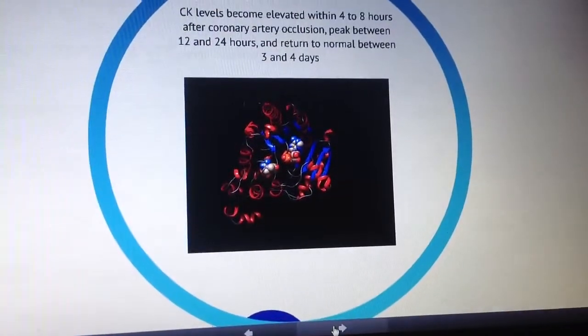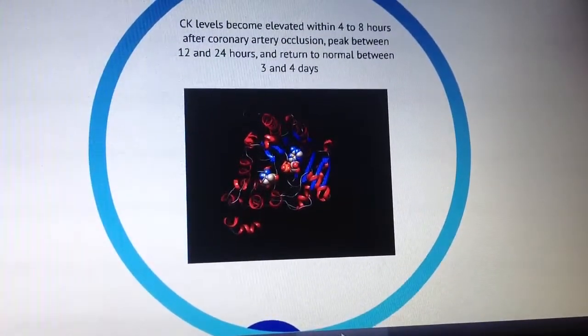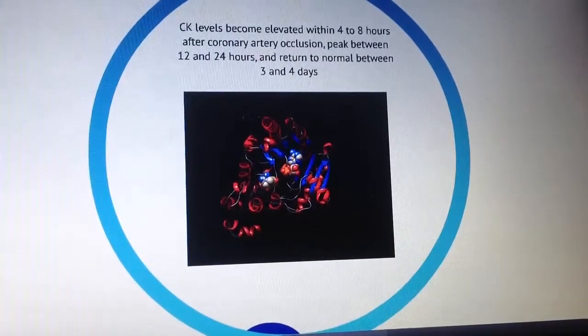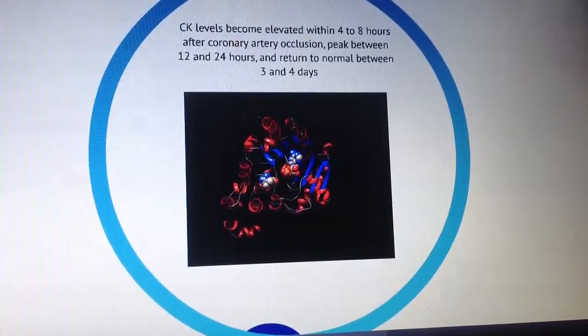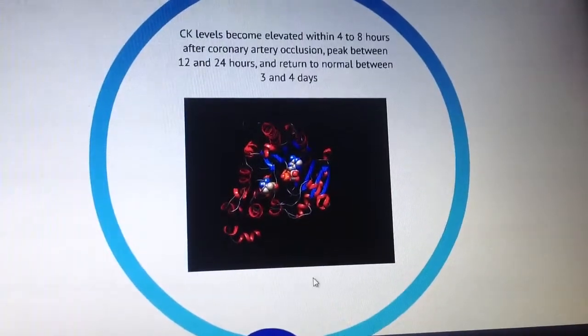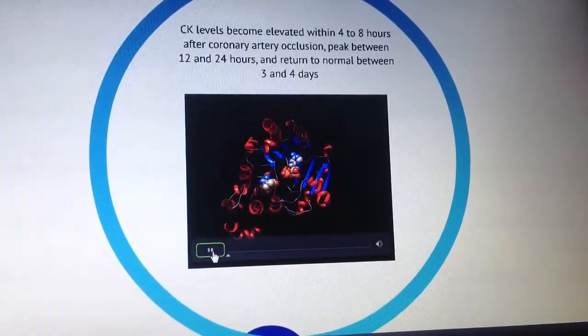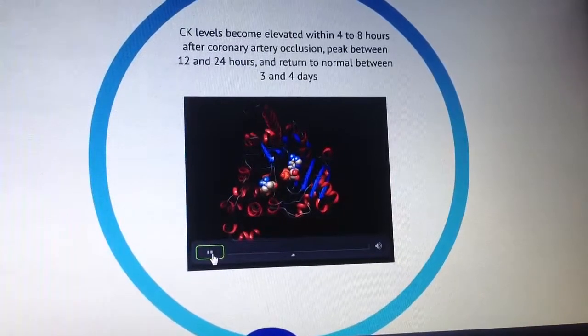CK levels become elevated within 4 to 8 hours after coronary artery occlusion, peak between 12 and 24 hours, and return to normal between 3 and 4 days.